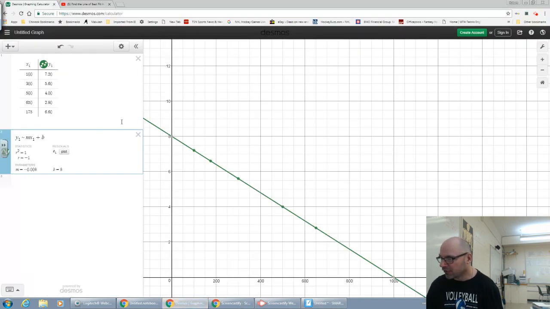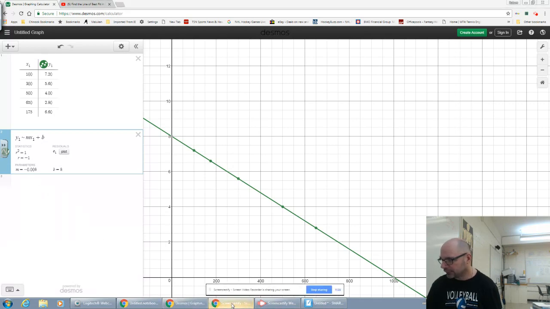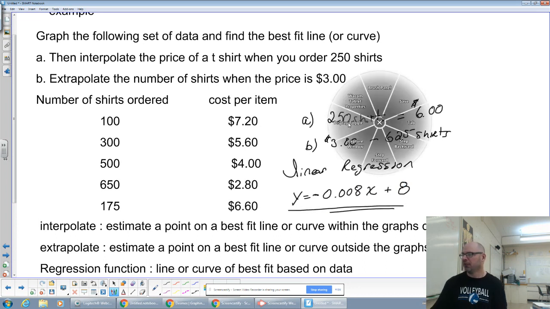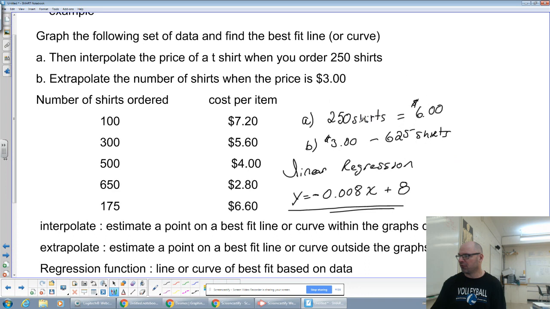So it's negative 0.008 x plus 8, which was b. So this is our linear regression question. If I asked you, what is the price of 250 shirts, you would take the 250, plug it into here, and you should get the same answer as we've got on the line.